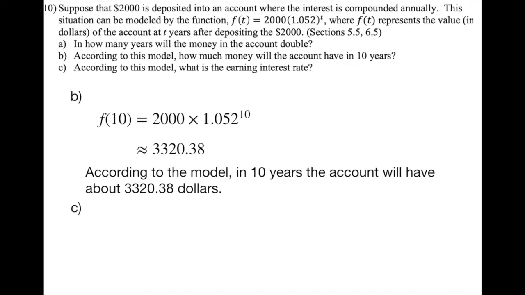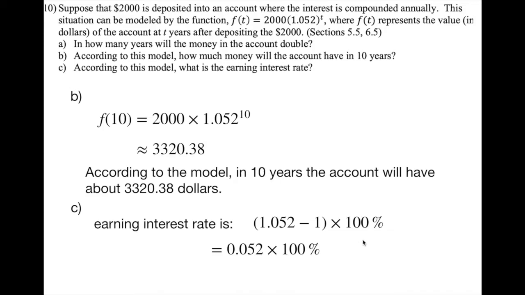Part C, what is the earning interest rate? It is very similar to the growth rate. So what you need to do is first find the base in your exponential function. Use that to minus 1 and then times 100%. So 1.052 minus 1 times 100%.